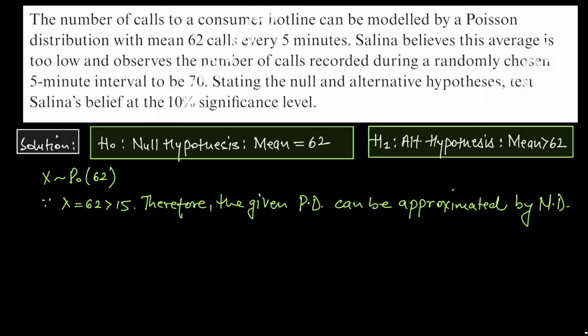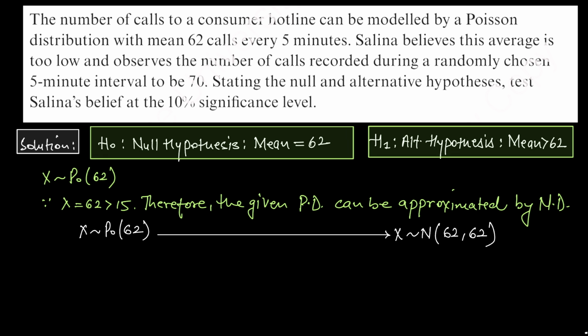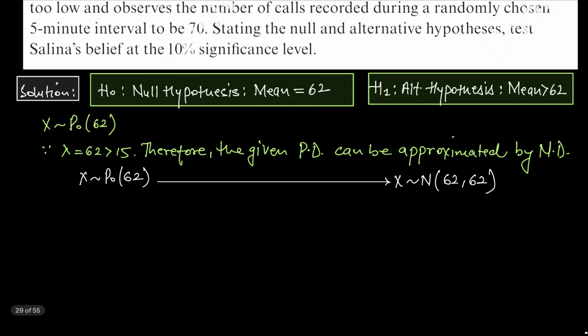Okay, so I will write that X, which follows Poisson distribution with mean 62, can be written as X following normal distribution with mean 62 and variance 62.